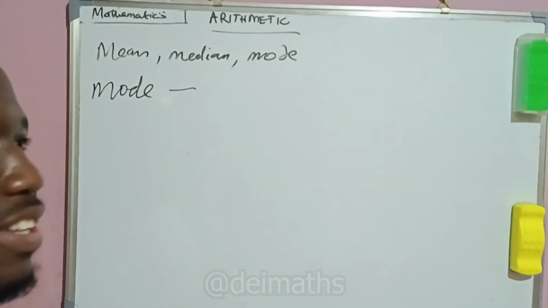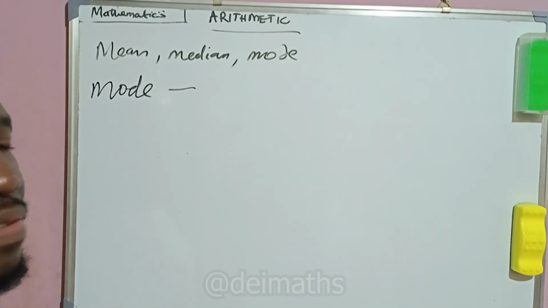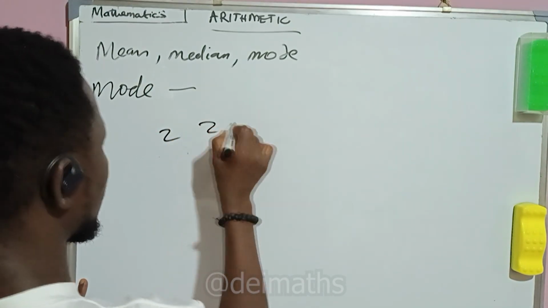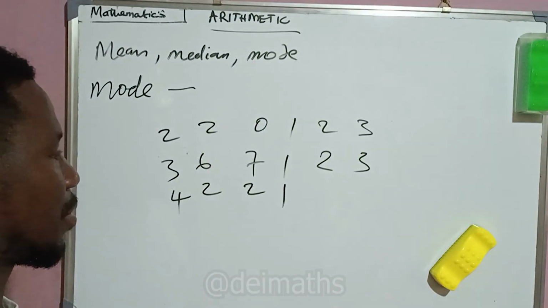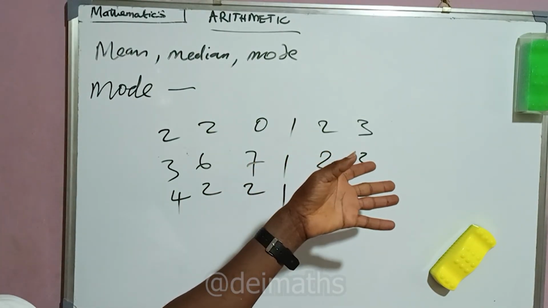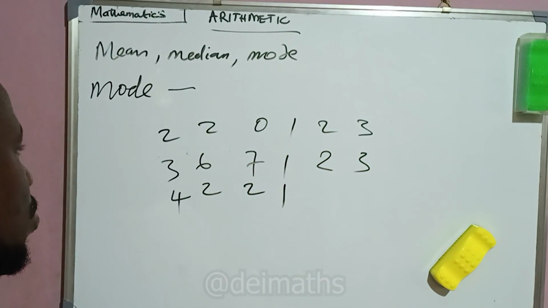Now, if you have a series of numbers and we are asked to find the mode, you just need to count.